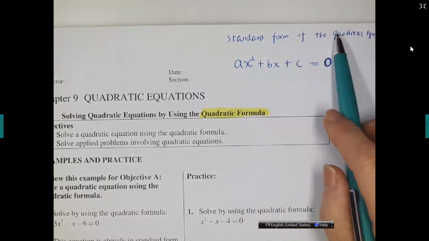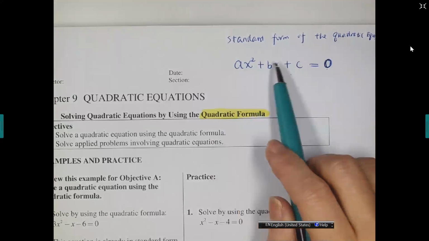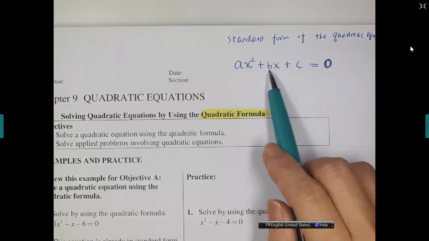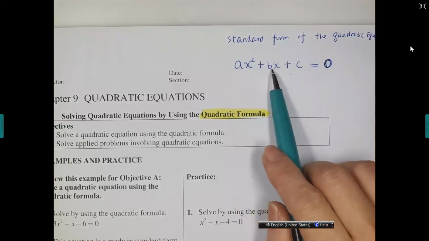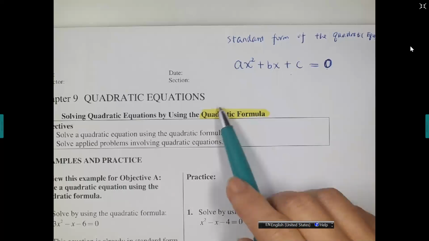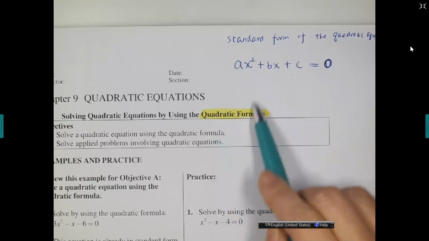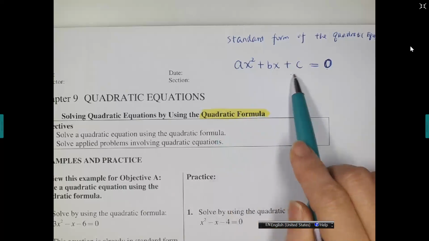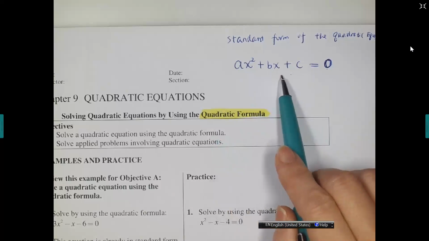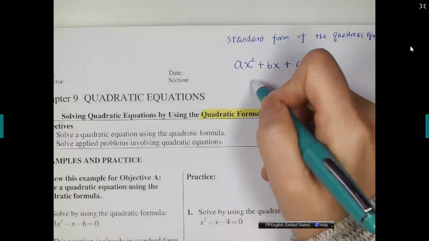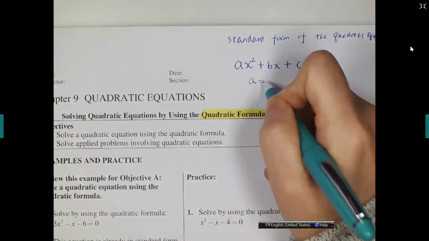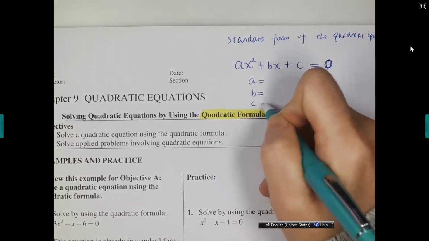And why do we need to do this? Because we need to know the 3 constants, A, B, and C, respectively. Then we will be able to use the quadratic formula. This is the foundation: being able to rewrite the equation in standard form and recognize what A is, what B is, and what C is.